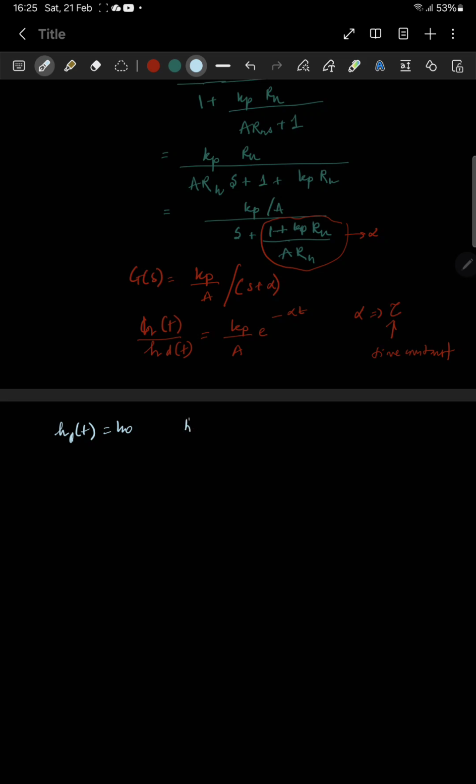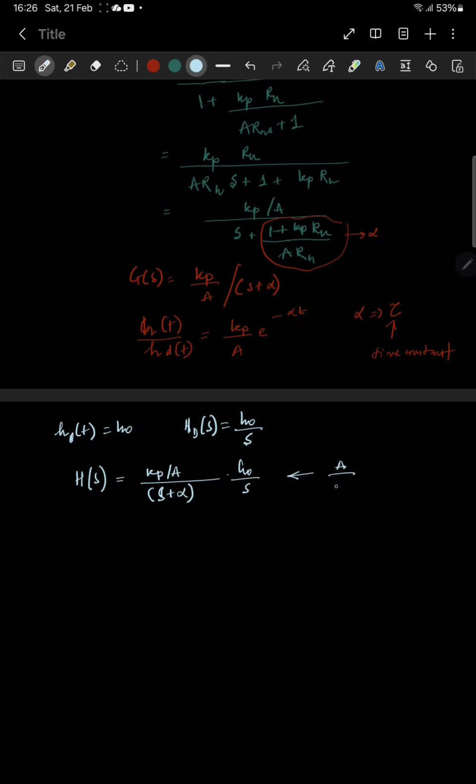So hd(s) is h0 by s, right? So we have H(s) equals Kp by A over s plus alpha into h0 by s.